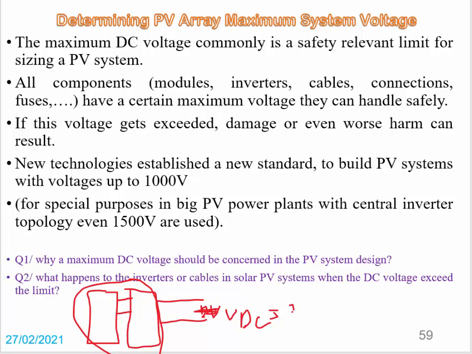So let's say, for example, this system produces 300 volts. In this lesson, I'm going to explain this voltage and what is the meaning of the output DC voltage.